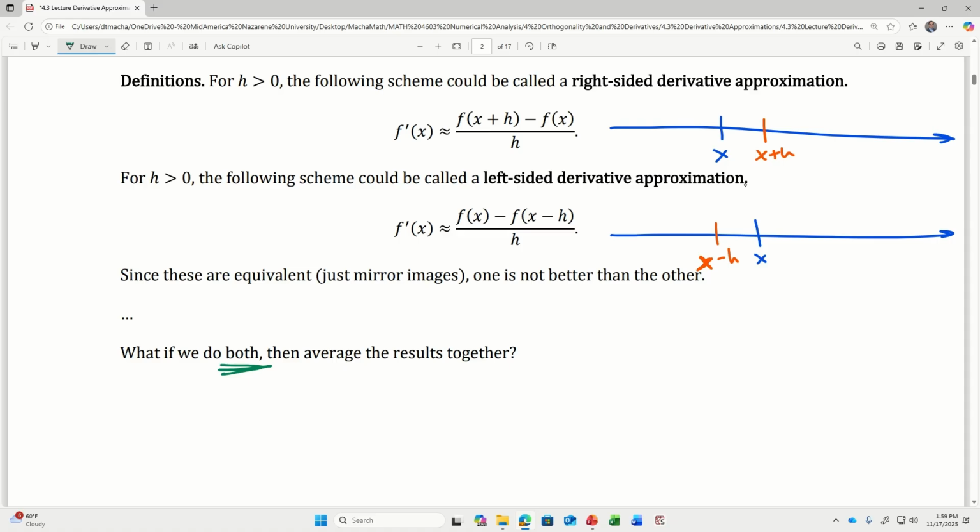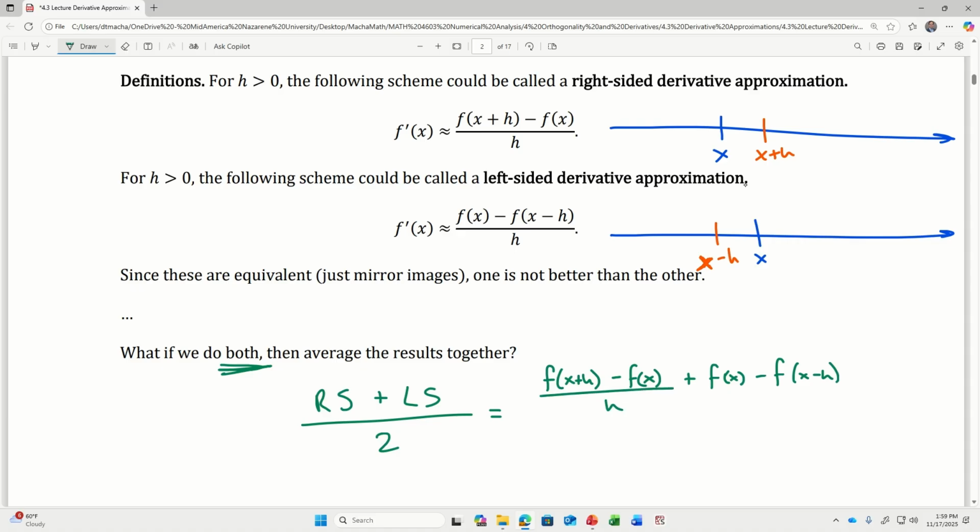And let's see what you would get. Because if I take the right side plus the left side and divide by 2 to get the average, I'm going to get f of x plus h minus f of x, plus f of x minus f of x minus h, all divided by h, divided by 2.